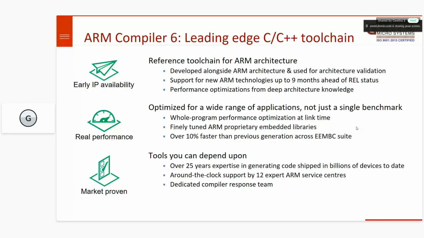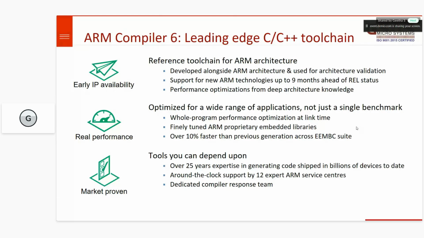This is also used for architecture validation, even before the silicon, before a processor core or an MCU based on that architecture is out in the market. Even 9 months before, the device will be added in your compiler toolchain, so you can start working on it. You need not wait for the device and hardware to be available, so they get the product to market faster.